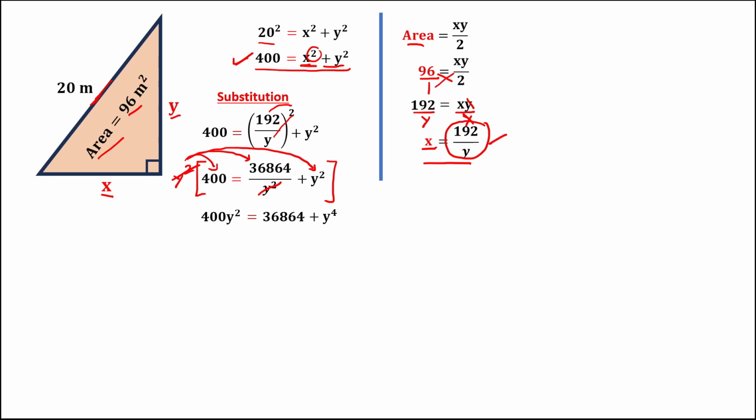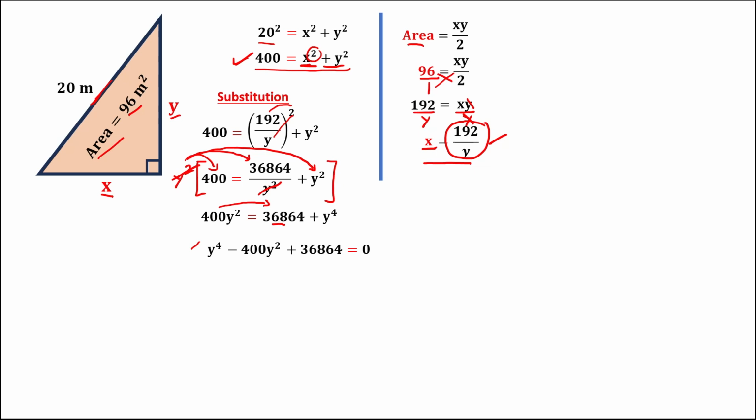Then equate this equation to 0. So we have y to the power 4, then transpose 400y squared to the other side, so this becomes negative 400y to the power 2. Then bring down positive 36,864, equals 0. Observe from this equation that we can consider it as a quadratic equation.